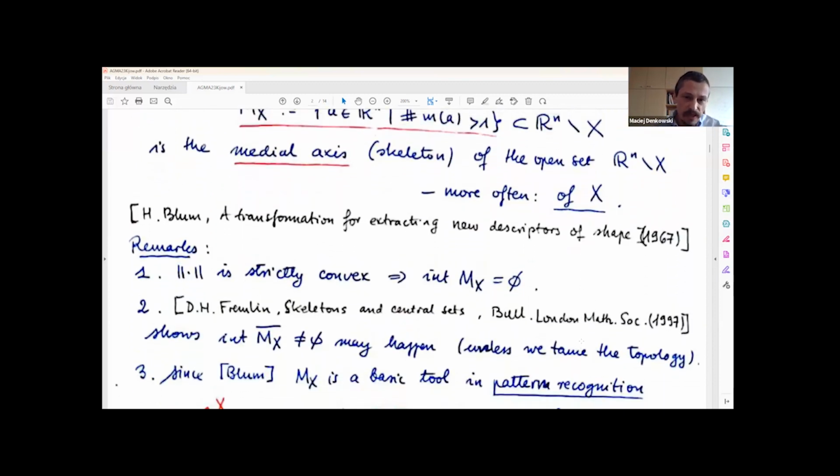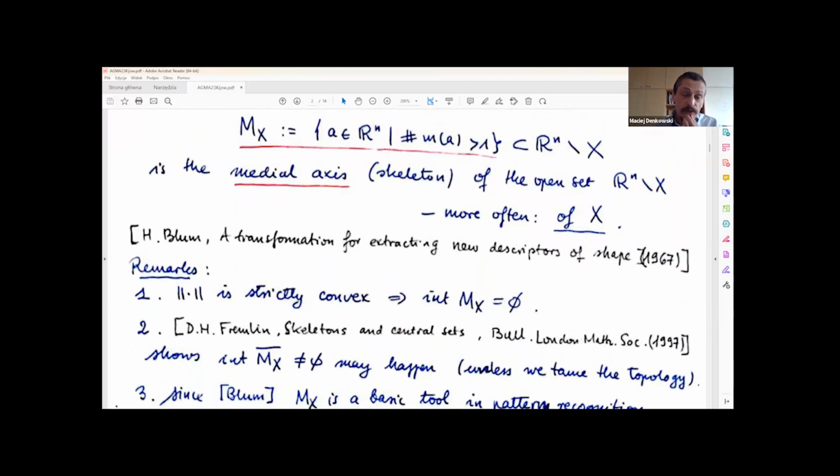So the first remark is that by the strict convexity of the Euclidean norm, it is easily seen that the medial axis has always an empty interior. But of course, there is this nice paper of Fremlin, Skeletons and Central Sets, from 1997, where you can find an example of a medial axis whose interior is non-empty after taking the closure.